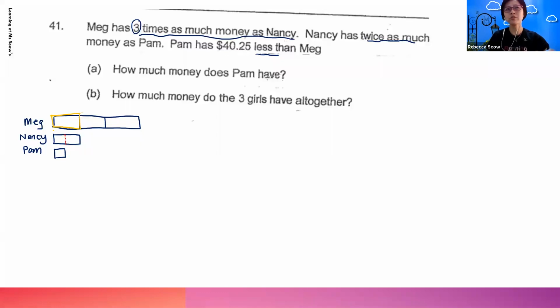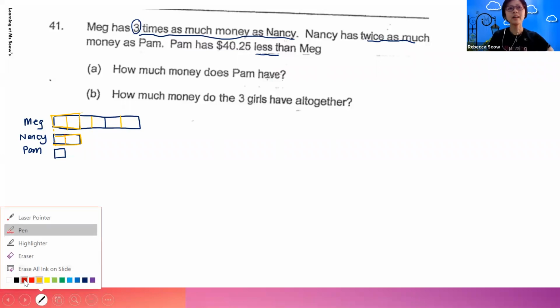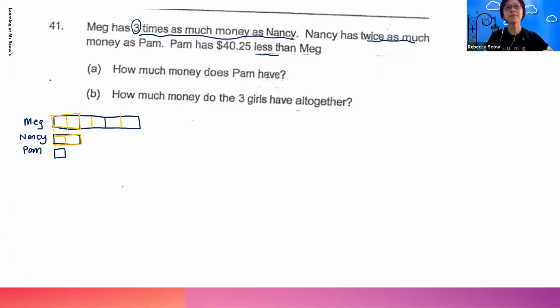If you look down towards where Nancy's unit is, it's split into two smaller units. So for every 1 unit of Meg, I split it into two smaller equal units. This is what I will end up with. And now you see the problem is solved, because all units are of the same size.